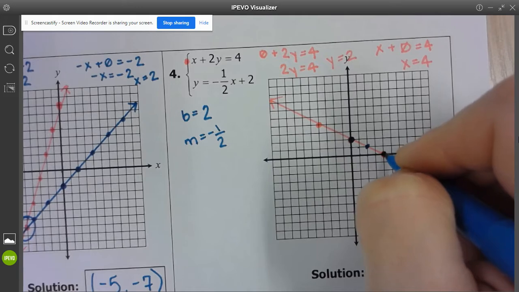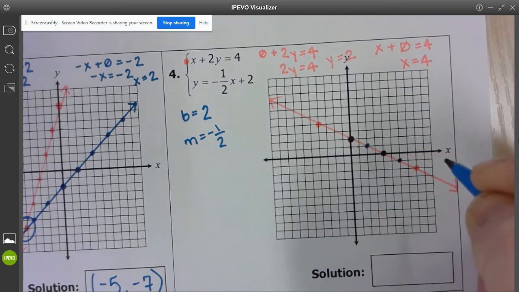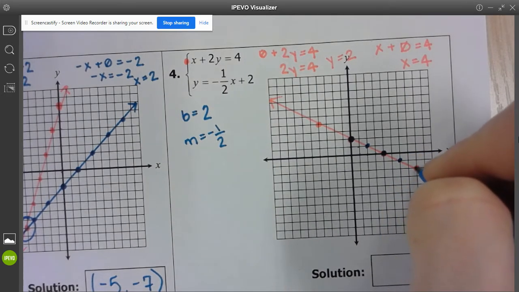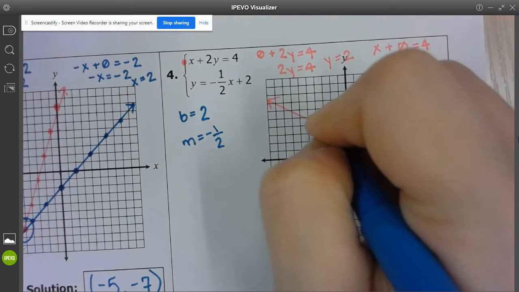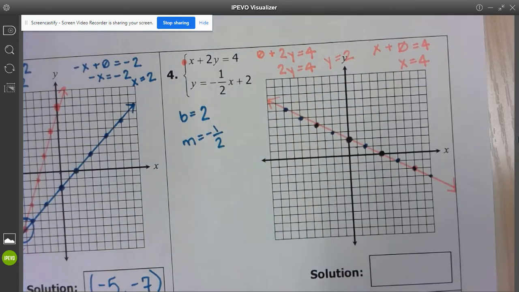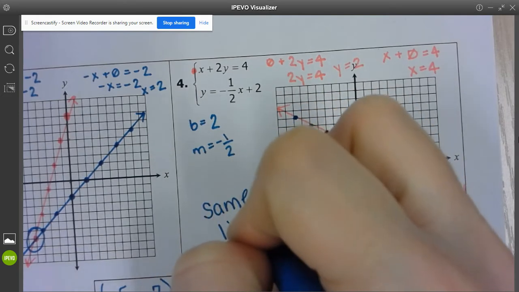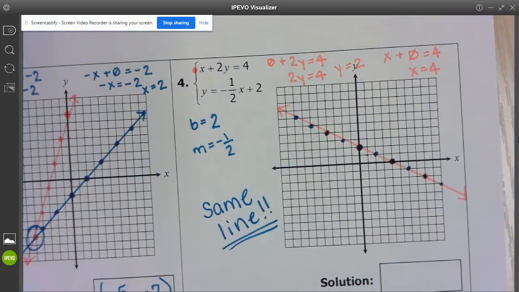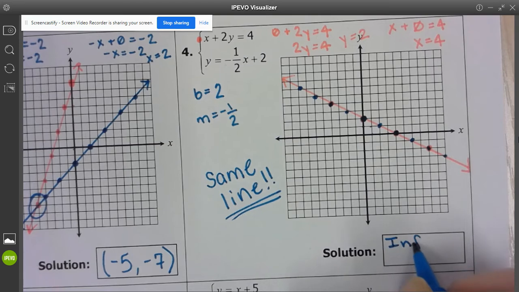Oh my gosh, every single point is overlapping with my pink line. Everything is overlapping. That means these are the same line. And if they are the same line, we have infinite solutions.